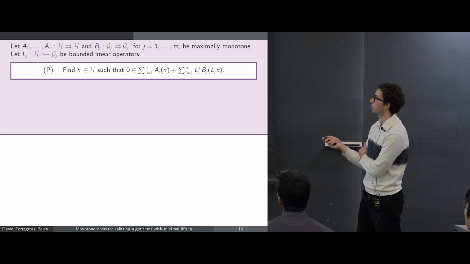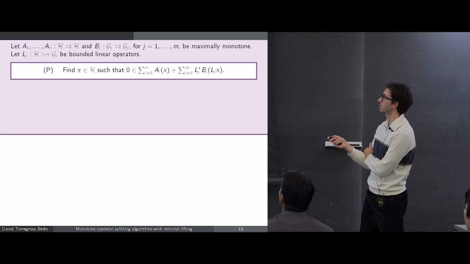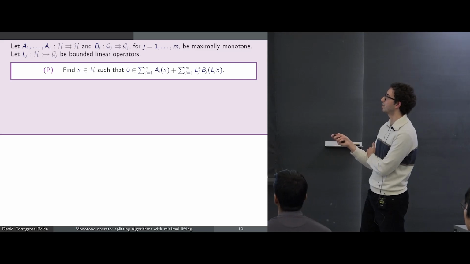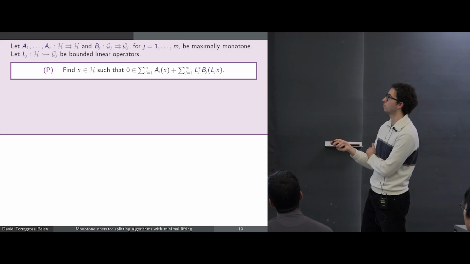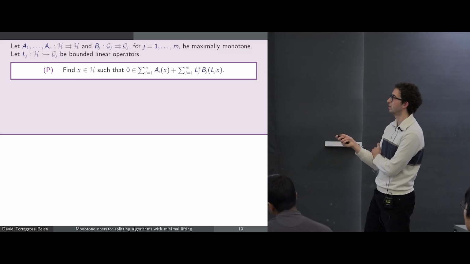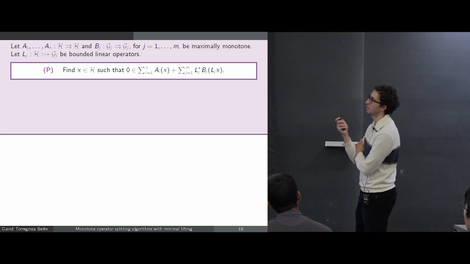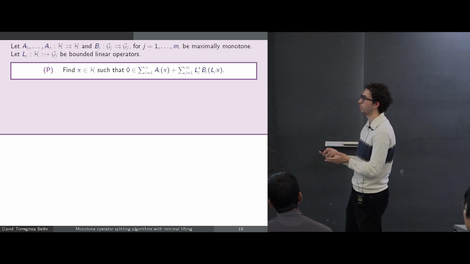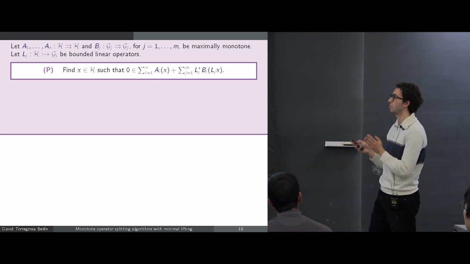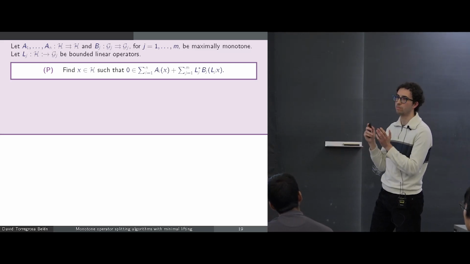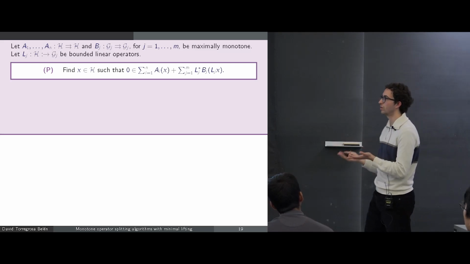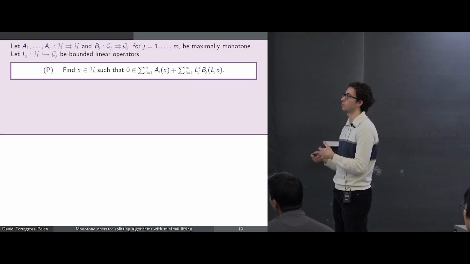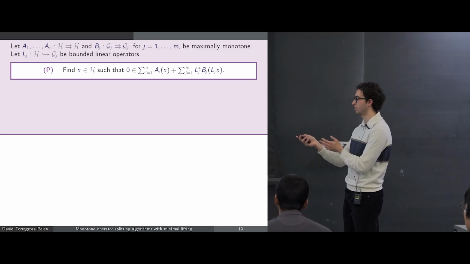The problem that we want to solve is to find a zero of the sum of the operators, which I am going to call primal, plus these compositions of the operators B with some bounded linear operators and their adjoints. This is the so-called composite monotone inclusion problem. And this is significantly more difficult because these compositions are not maximally monotone anymore. So you need some more rules when you define algorithms to address this problem.